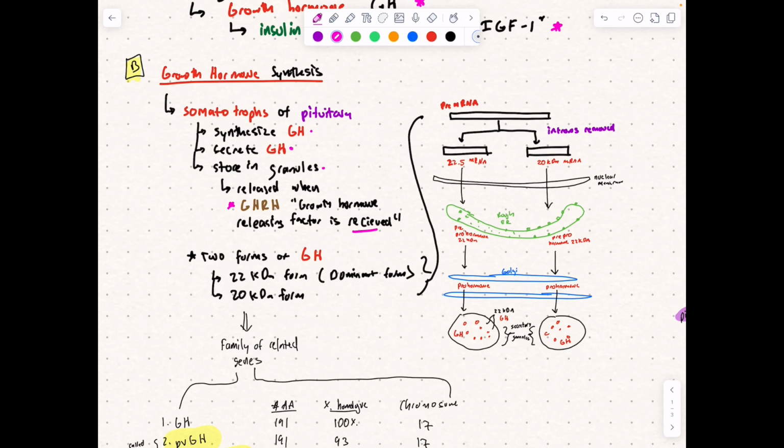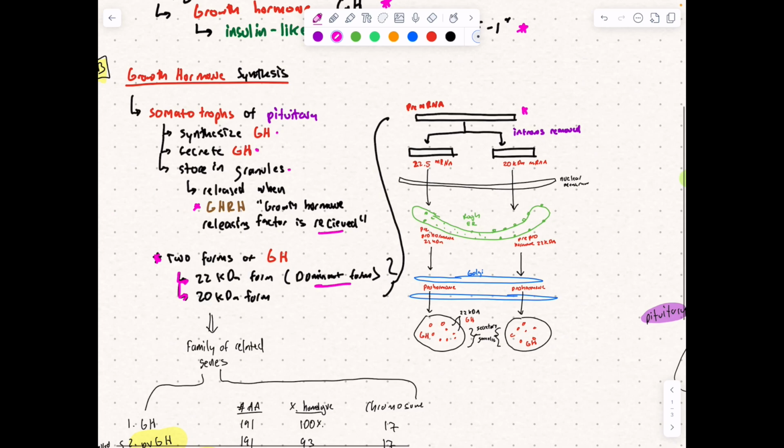It turns out there are actually two forms of growth hormone in the body. They both come from the same pre-mRNA. There's the 22 kilodalton form, which is the dominant form, and then the 20 kilodalton form. The introns get removed, the exons are left behind, and you get these two different mRNA molecules.